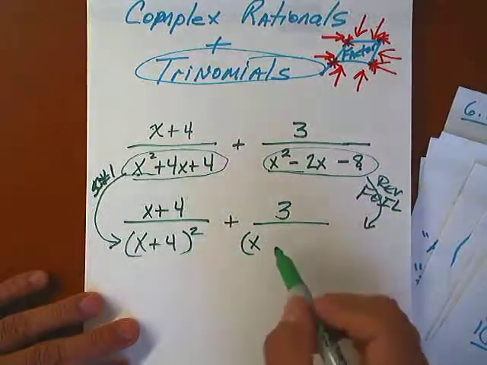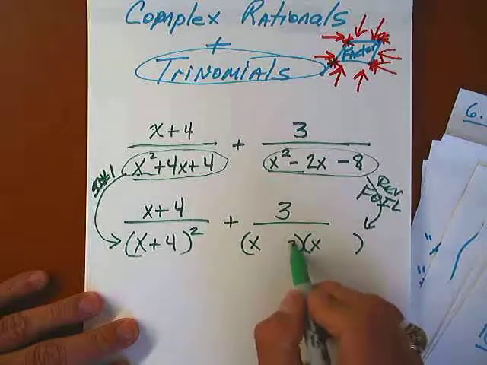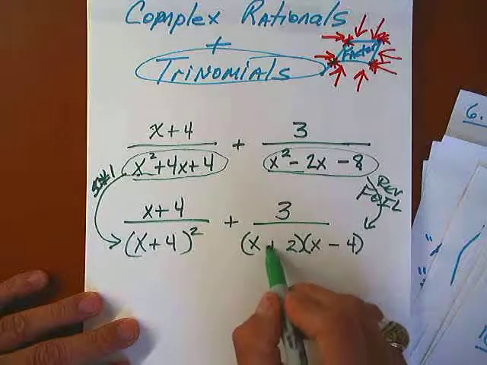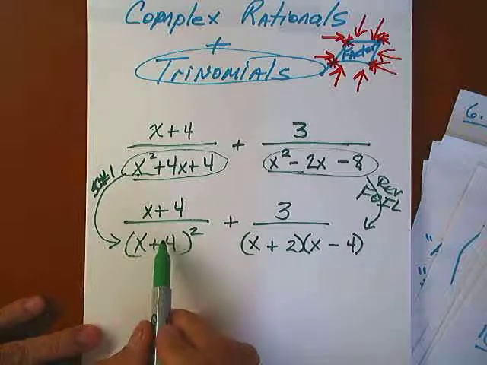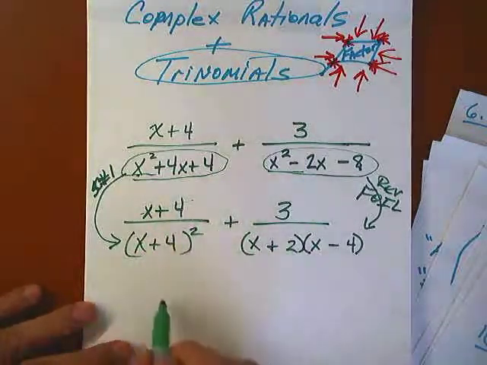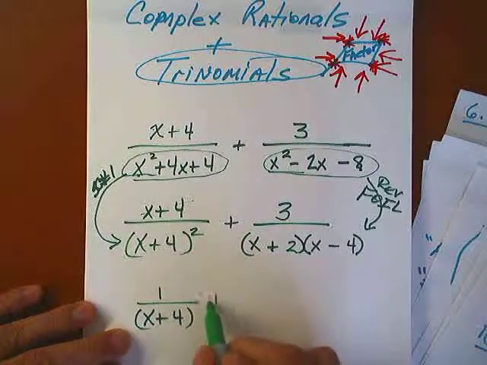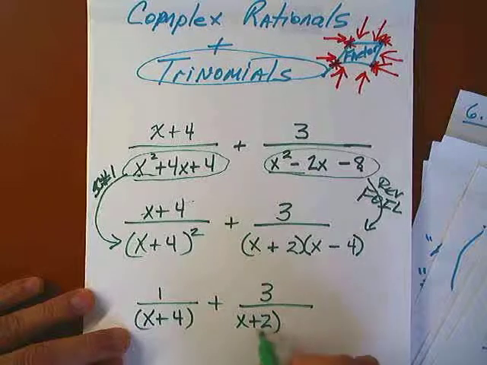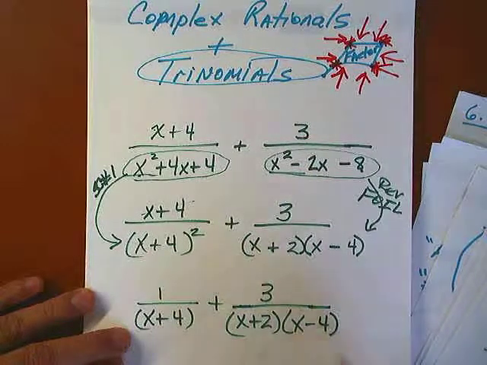So x plus 4 over, shortcut number 1 gives you x plus 4 quantity squared, plus 3 over x, reverse FOIL, because this is not a perfect square and the signs are not correct for a shortcut.